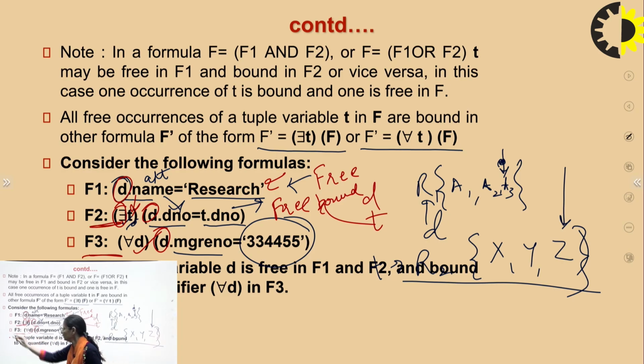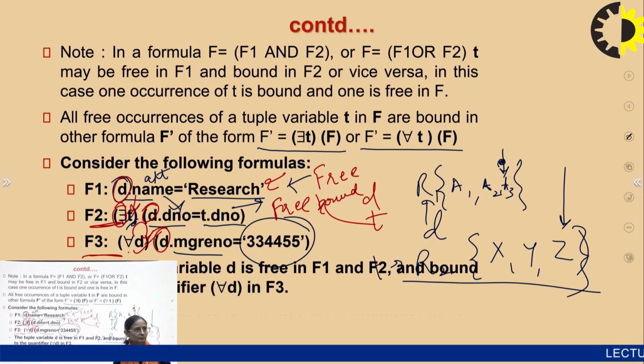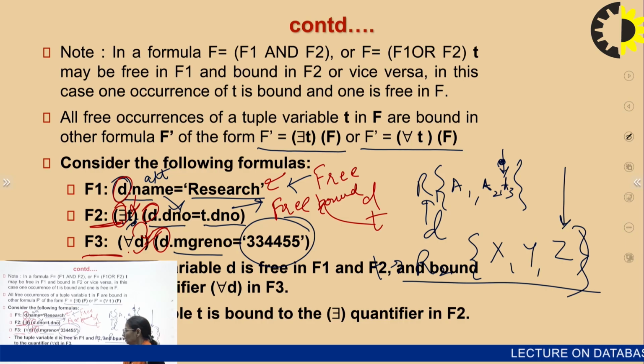When I come to F3, this particular quantifier is associated with tuple D. So in the case of the formula F3, D is a bound variable, a bound tuple. Tuple variable T is bound in F2, which I already told you.